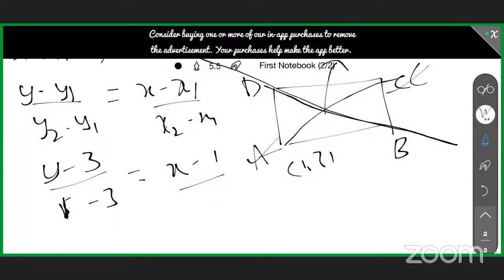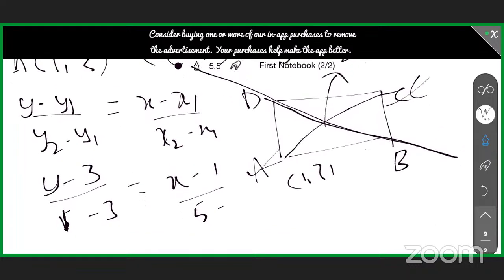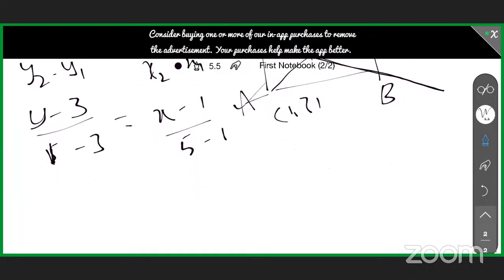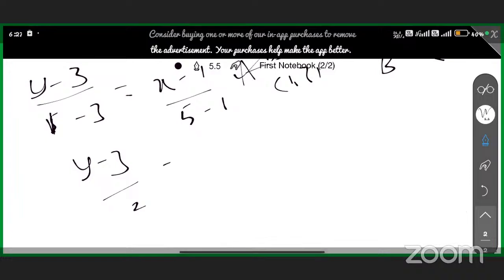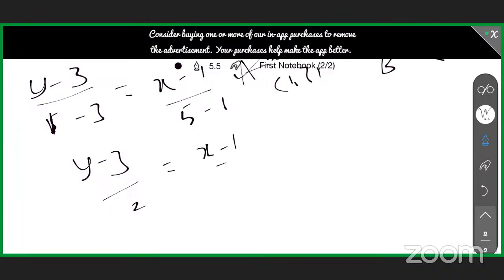1 minus 3... 5 minus 1. That is y minus 3 divided by 2, equal to x minus 1 divided by 4.